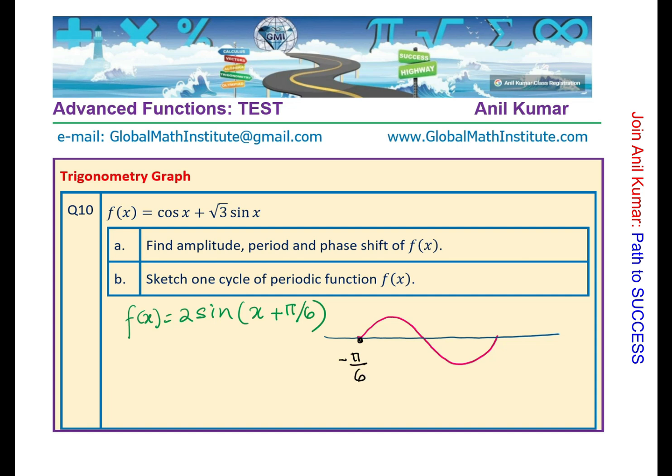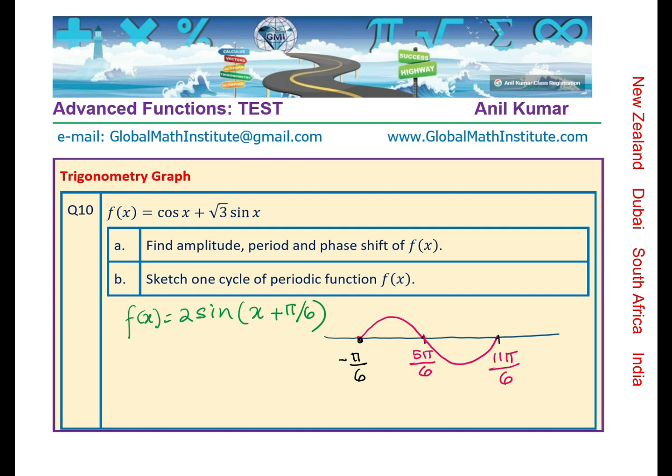The period is 2 pi, right? All the points have shifted pi by 6 to the left, right? So this point here is 2 pi minus pi by 6. So 2 pi, this point, is 11 pi by 6, right? And pi, which is 6 pi by 6, shifted one more unit, becomes 5 pi by 6. Makes sense, right?